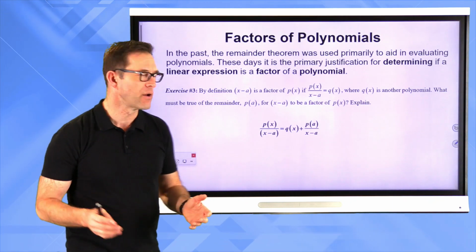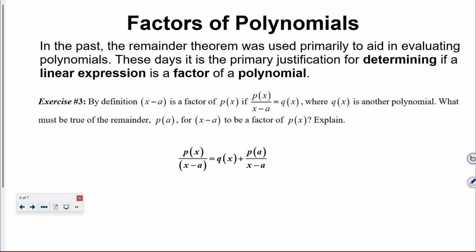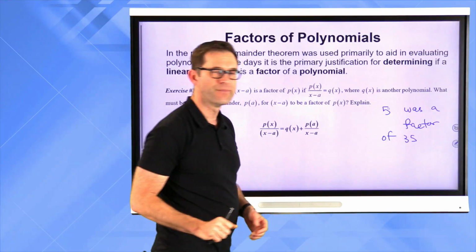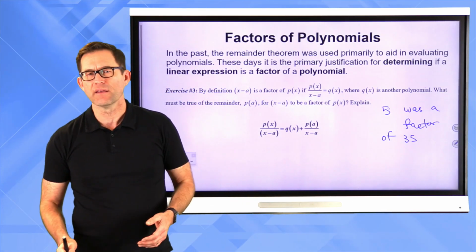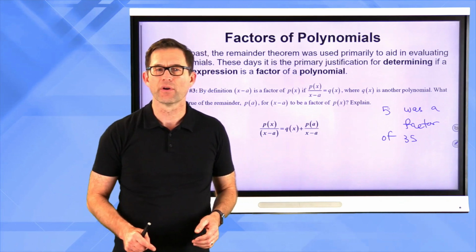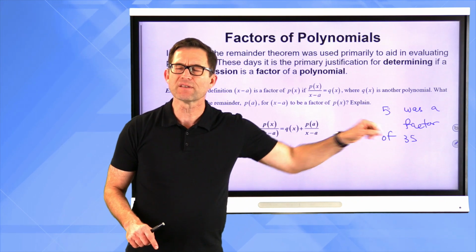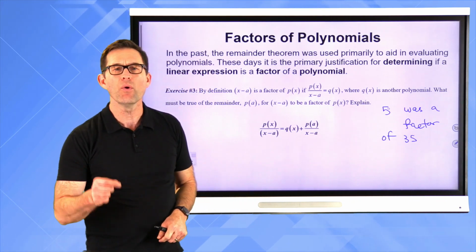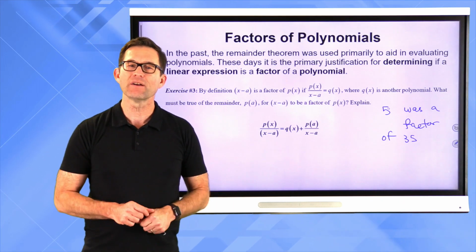Now, never forget, if I wanted to know whether or not, let's say, 5 was a factor of 35, you might say, yes, of course 5 is a factor of 35, because 5 times 7 is 35. But better yet, 5 is a factor of 35 because when I do 35 divided by 5, I get a remainder of 0.